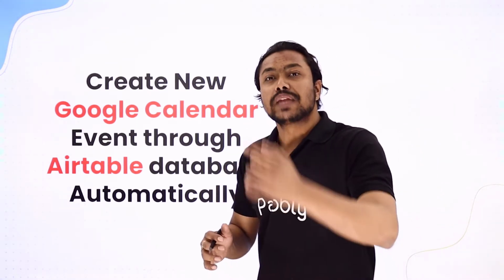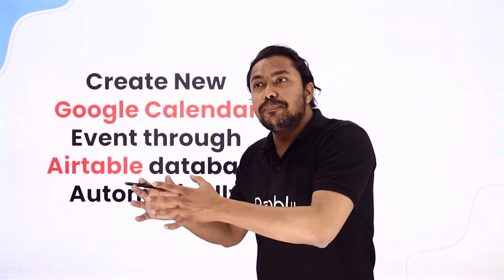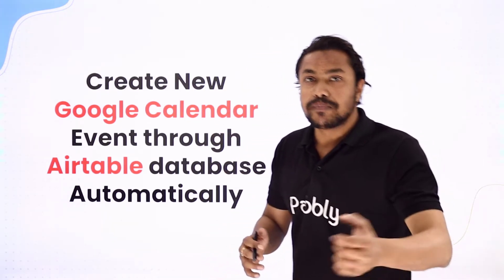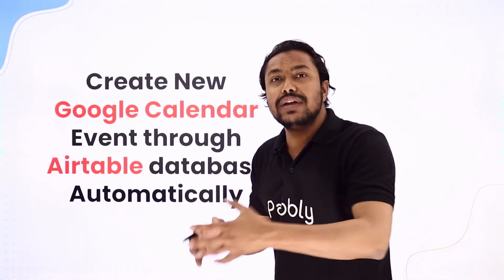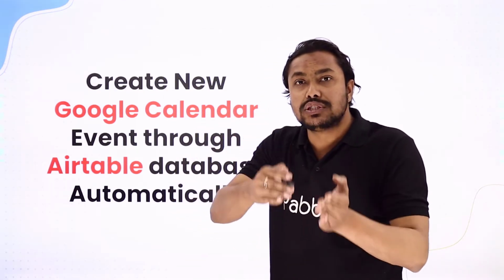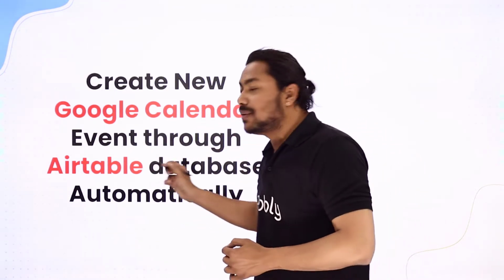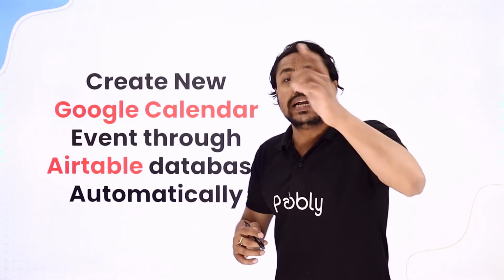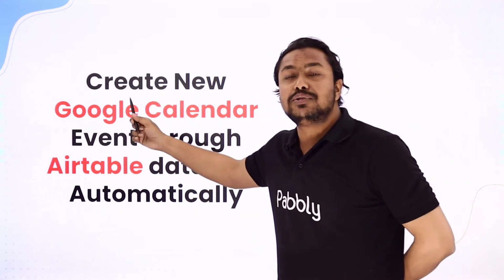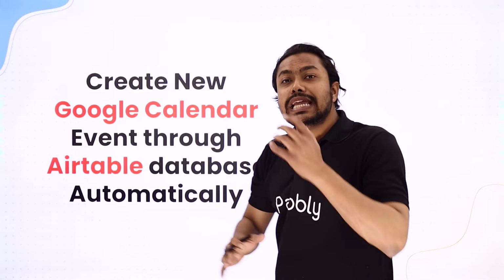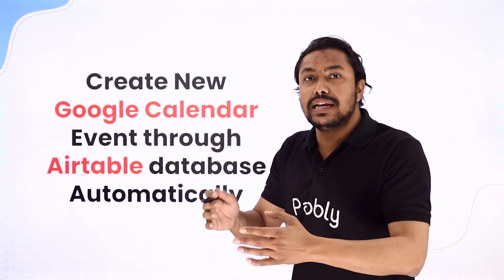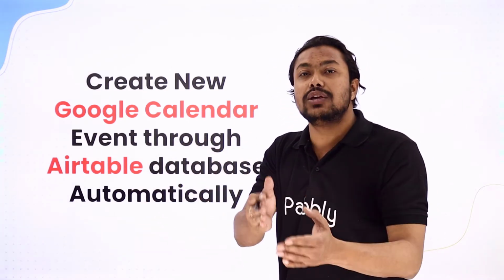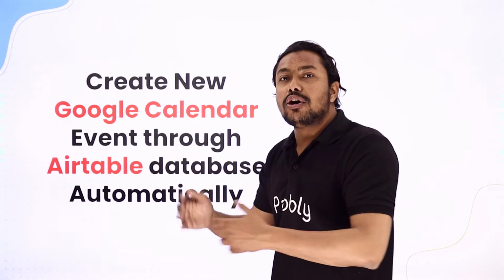If you are a company owner and you have a personal assistant, the people who are calling your personal assistant to have meetings with you, what he will do is create a data of those people who want to meet you in the Airtable database according to the date, according to the time, according to the event, etc. And now that data will automatically be captured by Google Calendar, and an event in your Google Calendar will be created about the person who wants to meet you, and about the topic on which he wants to talk.